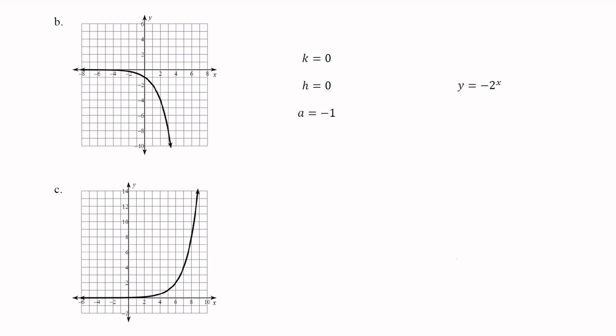For c, we have k equals 0 because our asymptote's along the x-axis. H is 5 because if we look at the point closest to the asymptote, it's 5 units to the right of the y-axis. And our a is 1. So we have y equals 2 to the x minus 5.